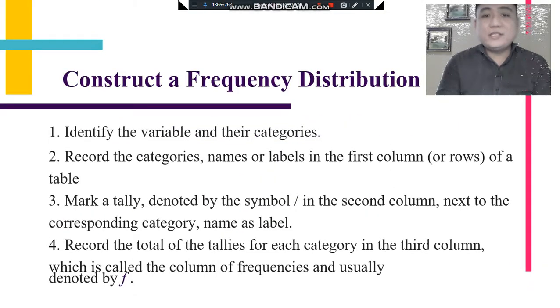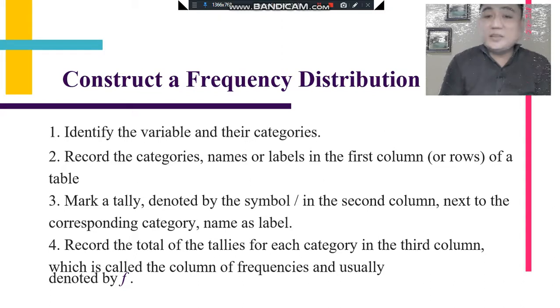Construct a frequency distribution. First, identify the variable and their categories. Based on that example, we identify the different variables. For the feelings of the different students from the school, it can be S. It can also be N. Record the categories, names, or labels in the first column or rows of a table.